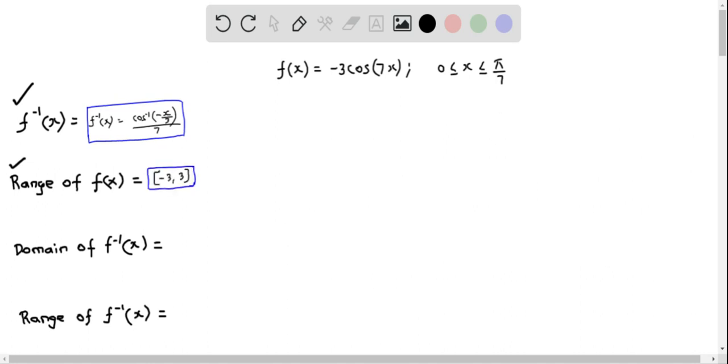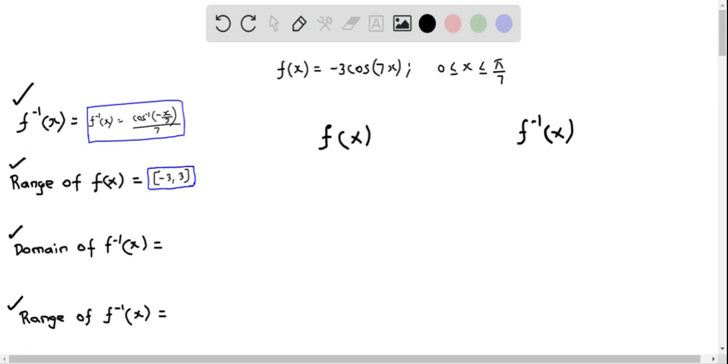We now determine the domain and range of f inverse of x. For this, we are going to use the properties of the inverse of a function. Suppose we have a function f of x and its inverse f inverse of x.